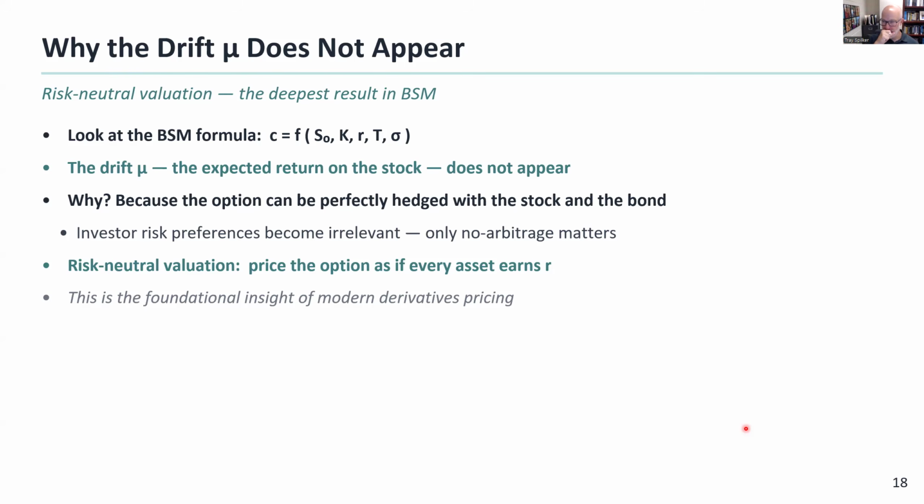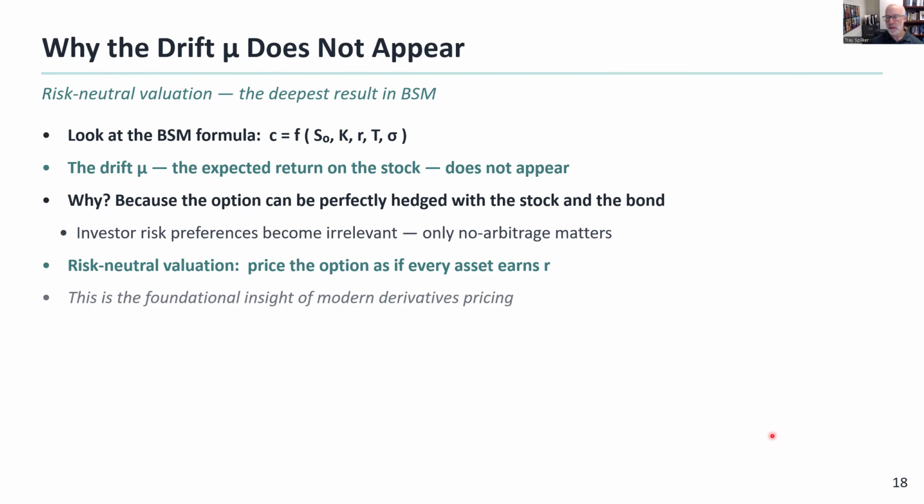So just like binomial option pricing, this is risk neutral valuation. We price the option as if the real world were risk neutral, and the expected return on every asset is r, the risk-free rate. That's the takeaway. So mu here, the expected return, the drift, is irrelevant.